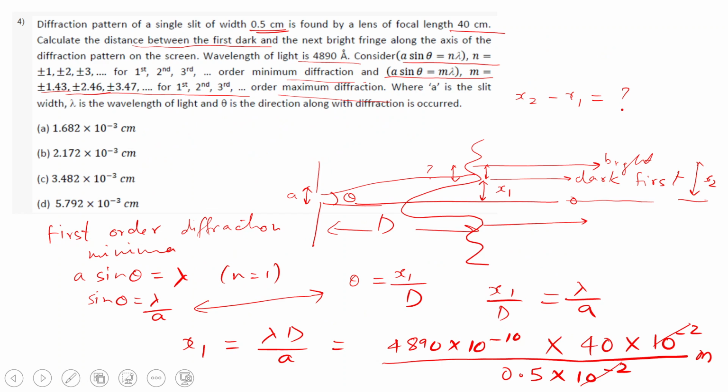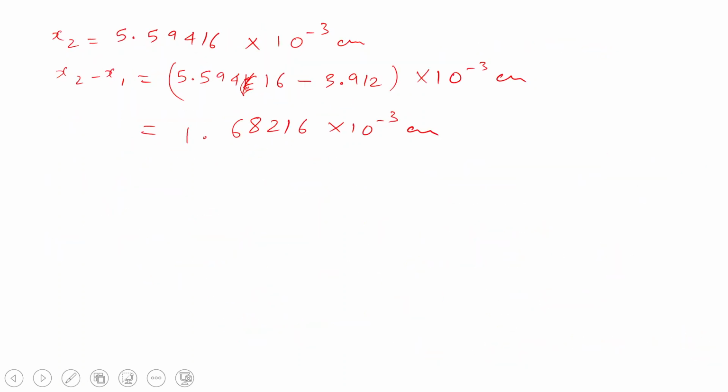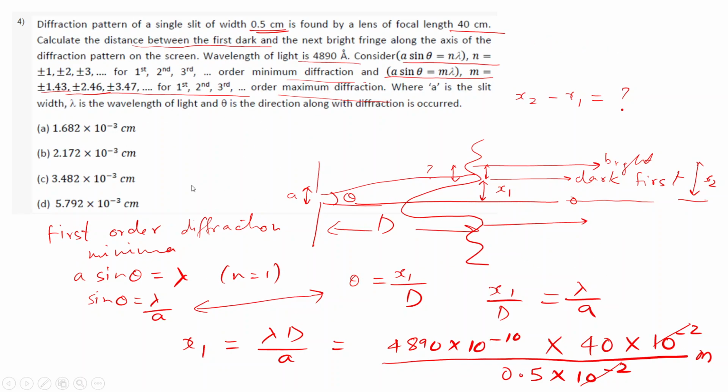Here our answers are up to 3 decimal digits, so we'll restrict it to 3 decimal digits. It will be 1.682 times 10 to the power minus 3 centimeter. That is, option A is the correct option here.